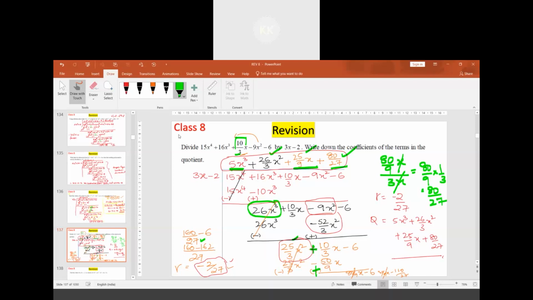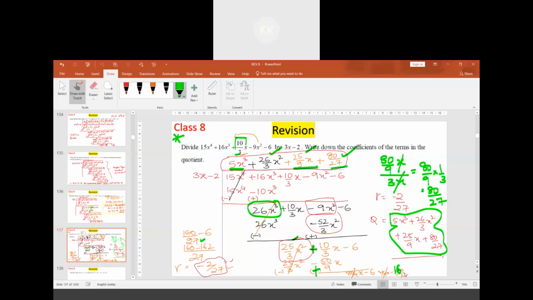I know it is a little difficult. Sir, what you can do is, you can note down this quotient. Try to obtain this quotient. Sir, 80 by 9x minus 6 is not clear. Actually, I should write it below 80 by 9x minus, this is 160 by 27.